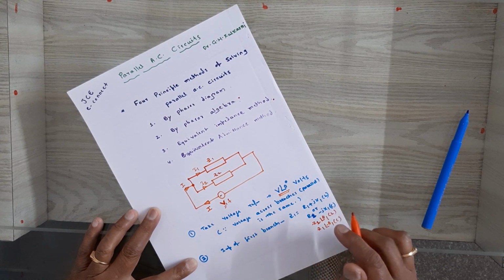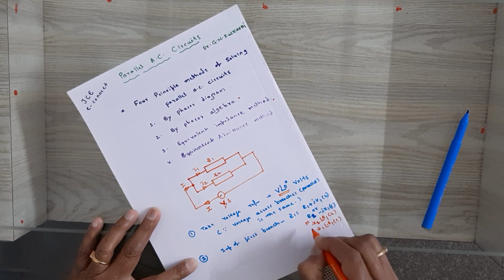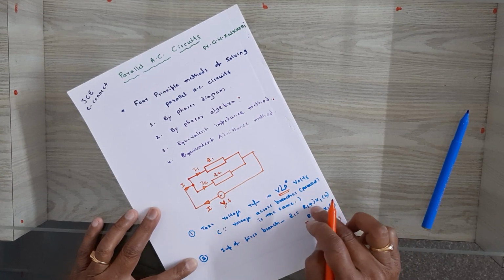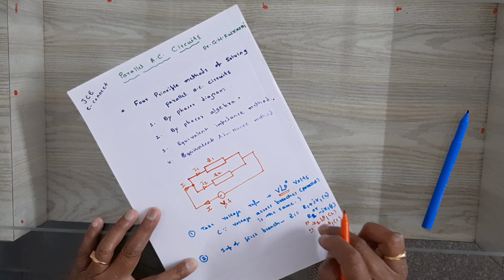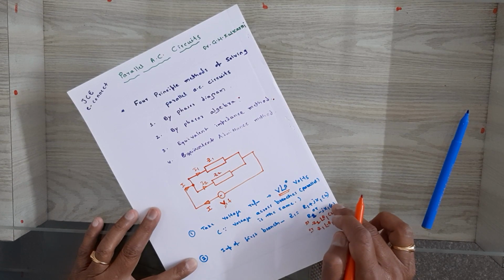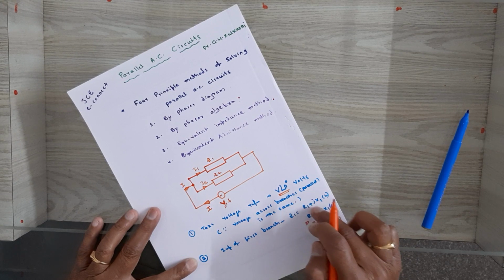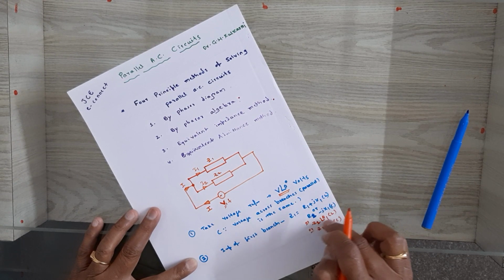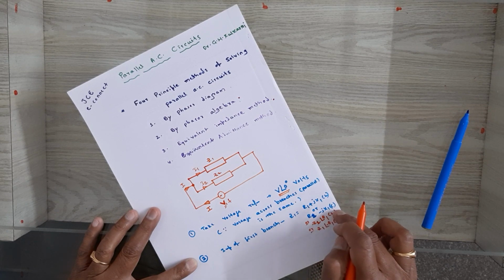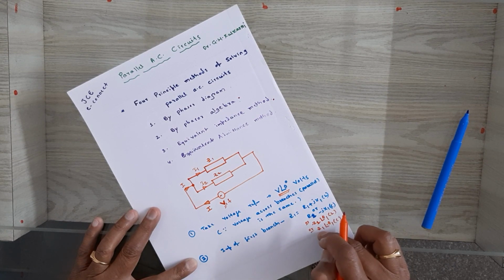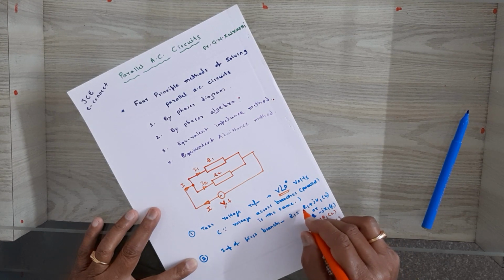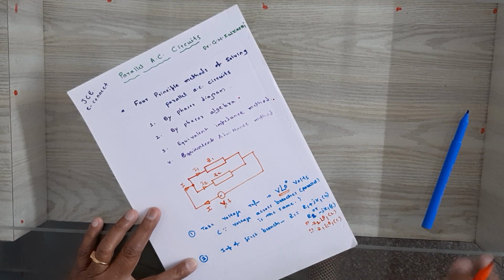It is a mere representation and may be in any one of the forms. Either R1 plus jX1 for inductive reactance, or R1 minus jX1 for capacitance, or in polar form as Z1 at an angle of phi 1 for inductive reactance, Z1 at an angle of minus phi 1 for capacitance.